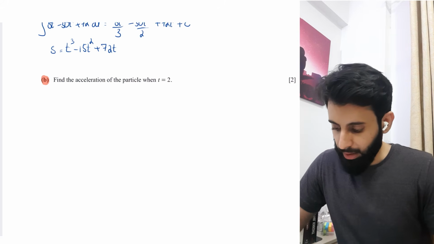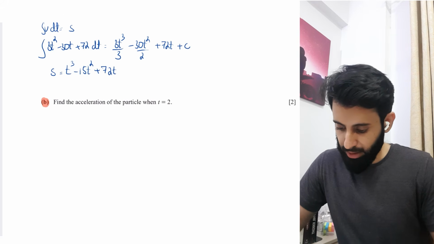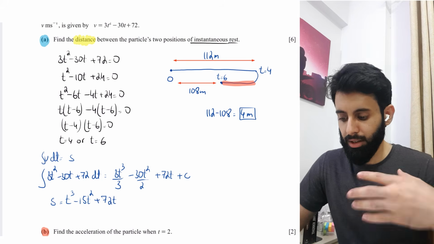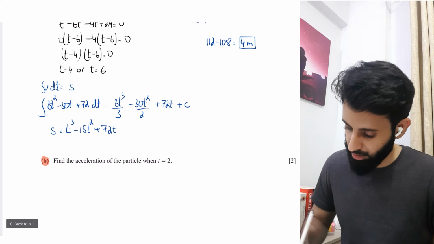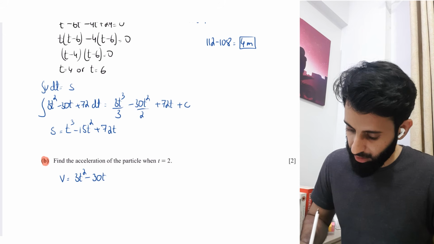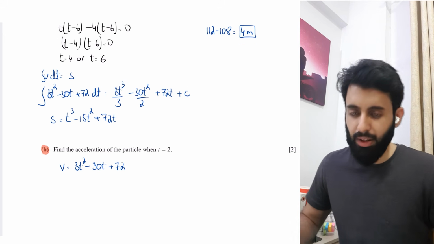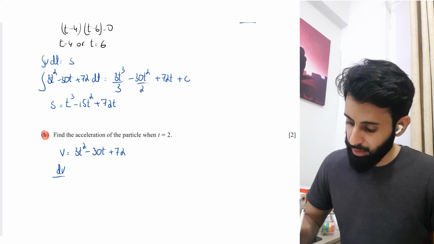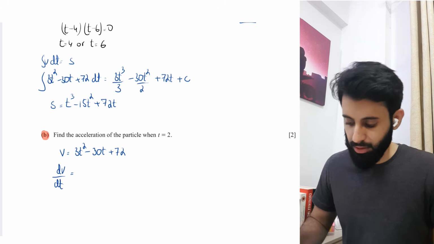Now the question says find the acceleration of the particle when t = 2. Initially we were given the velocity, so let me write down the equation of velocity: 3t² − 30t + 72, and we need to find the acceleration. So how do you get acceleration when you're given velocity? You differentiate velocity with respect to time.